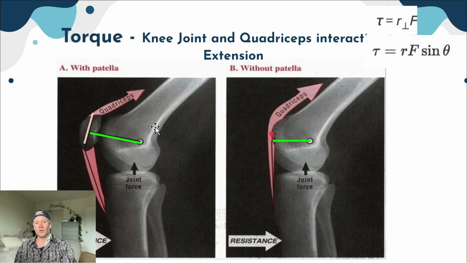It's more angular depending on the position of the knee, rather than staying at 90 the whole time. And our R value is slightly shortened by about that length. Okay, so again, we get some really, let's say, functionally set up systems in our body that our biology has managed to sort out to maximize our efficiency and torque at the different joints in our bodies.